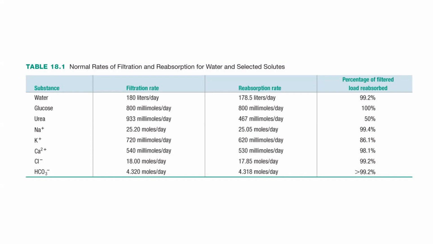We know that these ions are needed in certain concentrations, so we cannot just filter them and excrete them from the body. We must reabsorb them aggressively. Okay. And then we'll talk a little bit later on in this unit about how bicarbonate is reabsorbed and how that plays into the acid-base regulation.